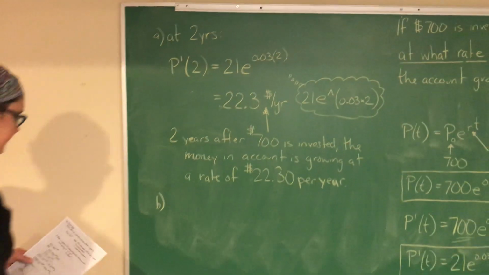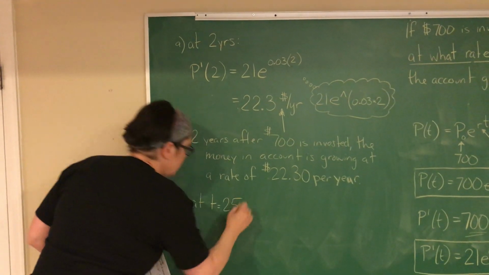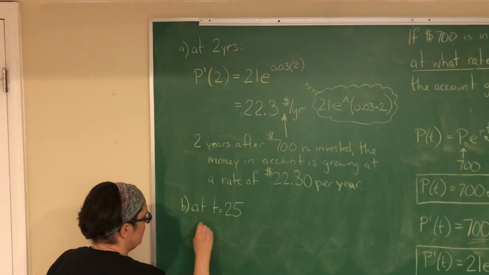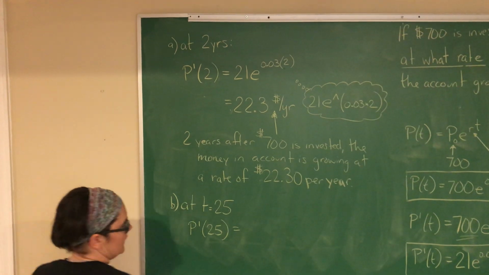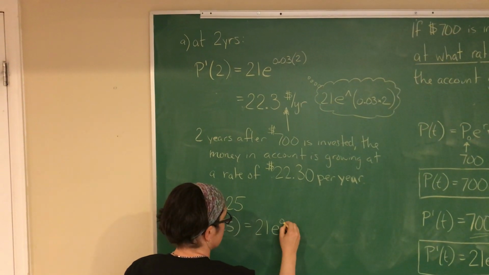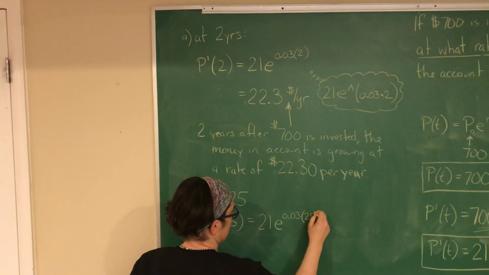Part B, when t is equal to 25, we plug 25 into our derivative, and we have 21e to the 0.03t, and t in this case is 25.